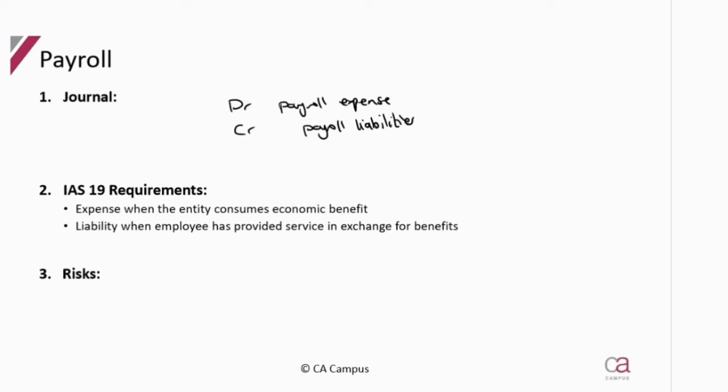Alright, so the risks here for the expense or for the transaction, we've got our same risks: that it is recorded on the incorrect date, or incorrect amount, or incorrect account, or risks and rewards haven't transferred, so it shouldn't be recorded.